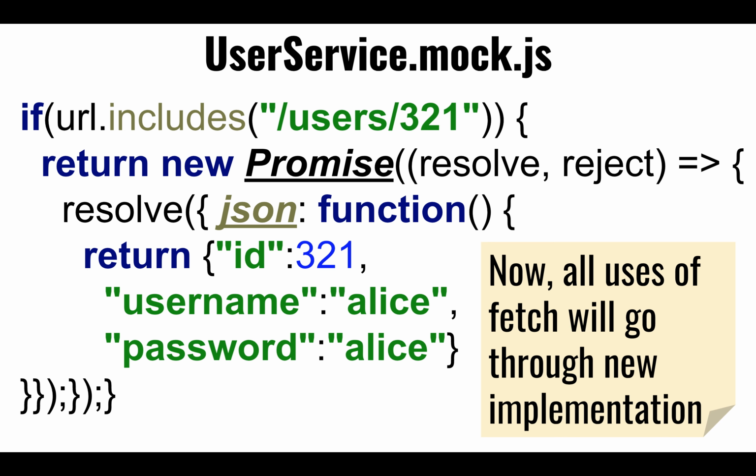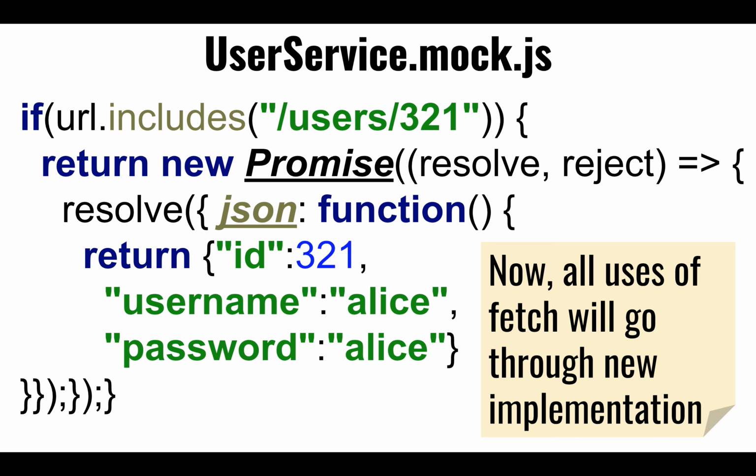So it has to believe that indeed there is a function called json. So what we're returning here is a function I call json, because we know that the service is going to call .json on the response. When it calls it, this is what we're going to return. We can control exactly what we want to return.